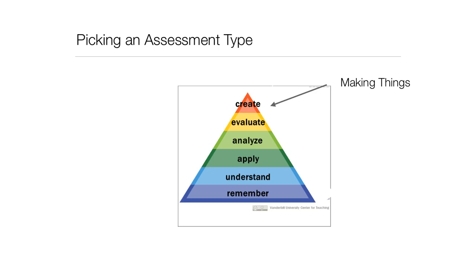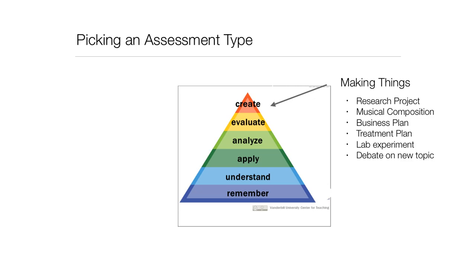I think the making category is probably the easiest to align with learning outcomes because it's fairly clear when students are making things, whether it's a research project, writing their own composition, making an art piece, and so on. It's clear that they are creating something new. The new is the important part of this.